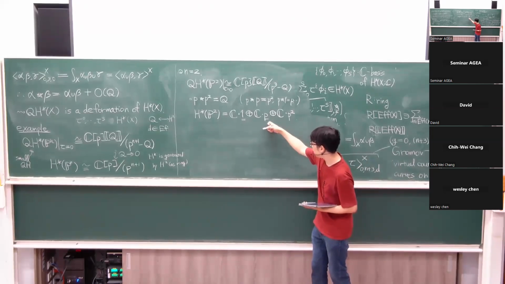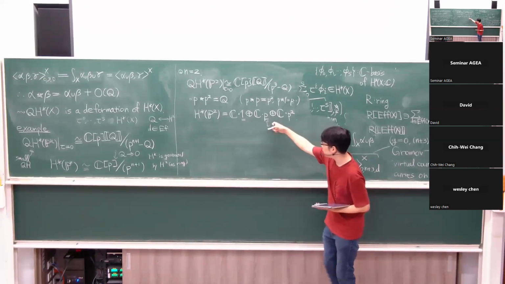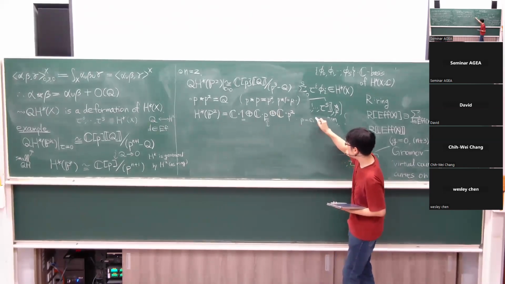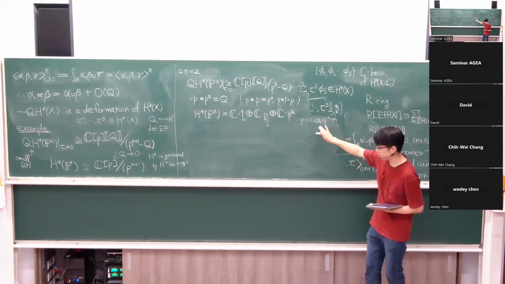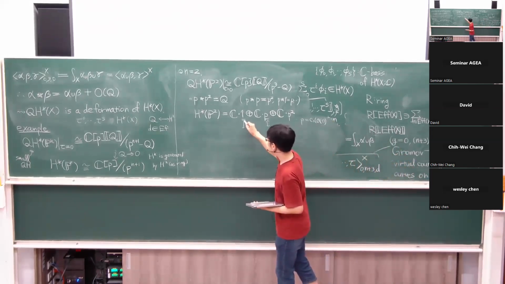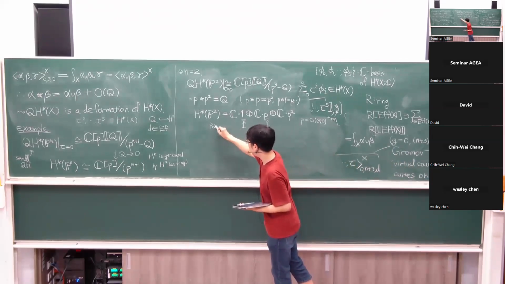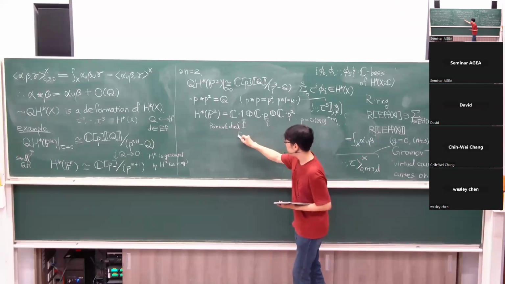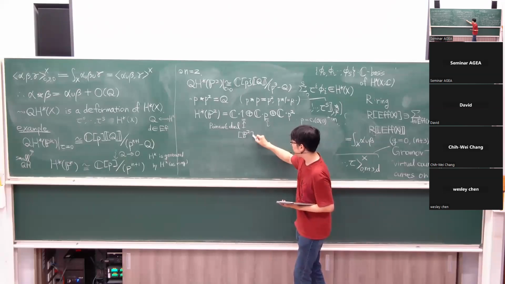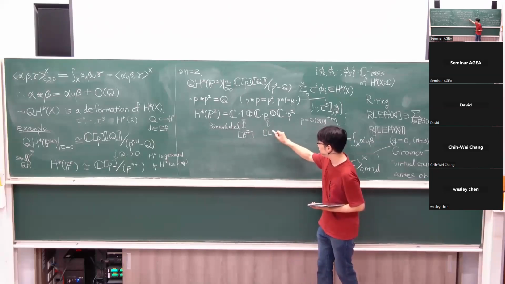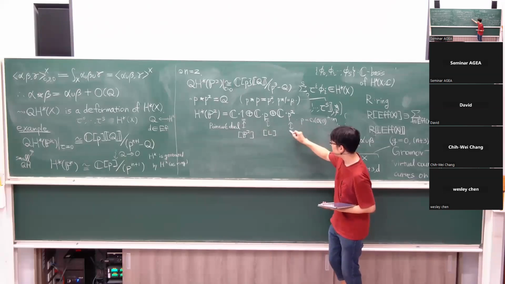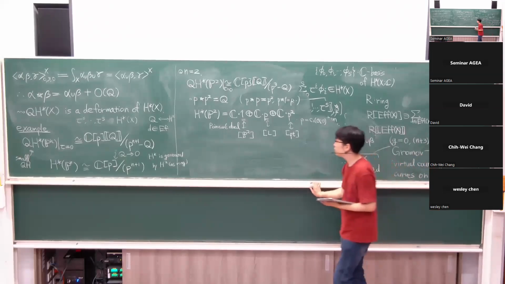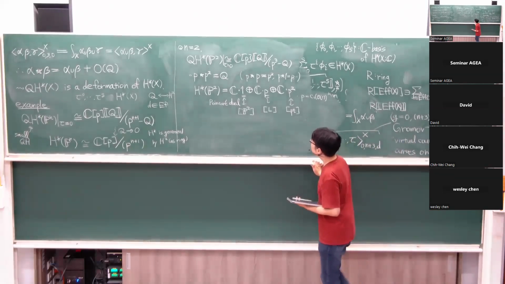So P is the class corresponding to a line. More precisely, P is the first Chern class of the anti-tautological line bundle. By taking Poincare dual, that corresponds to a line in P2 and a point.